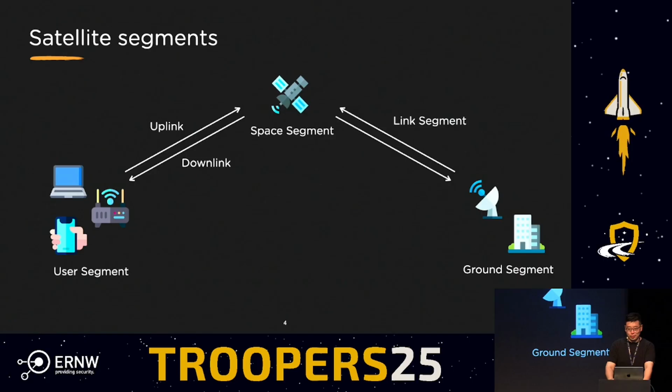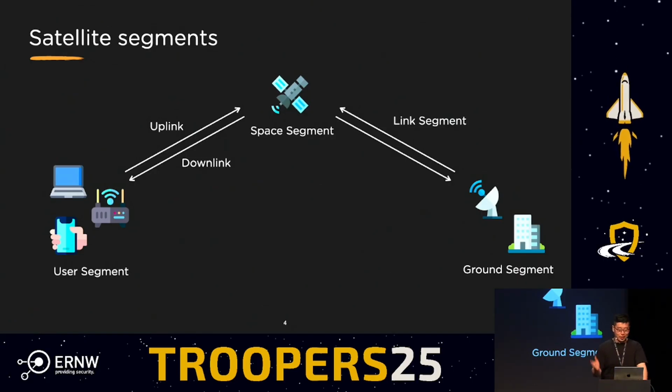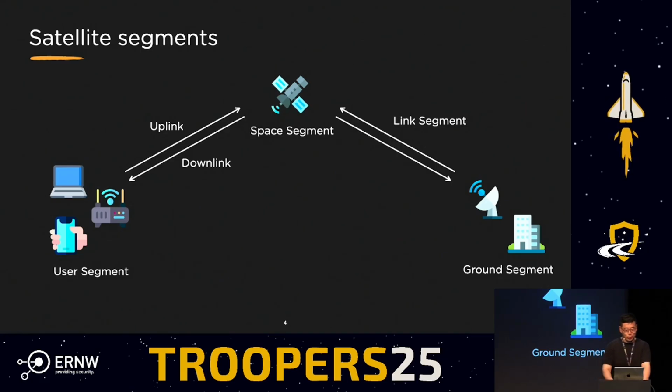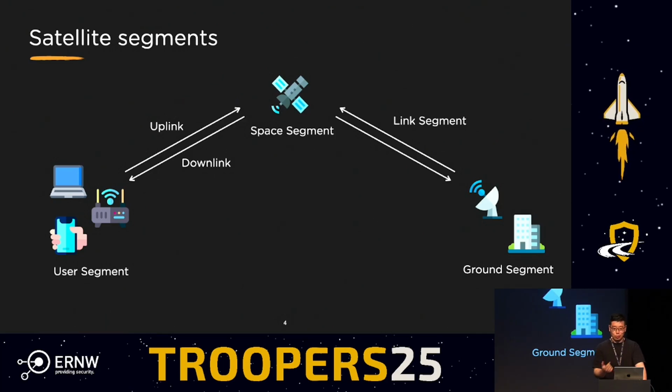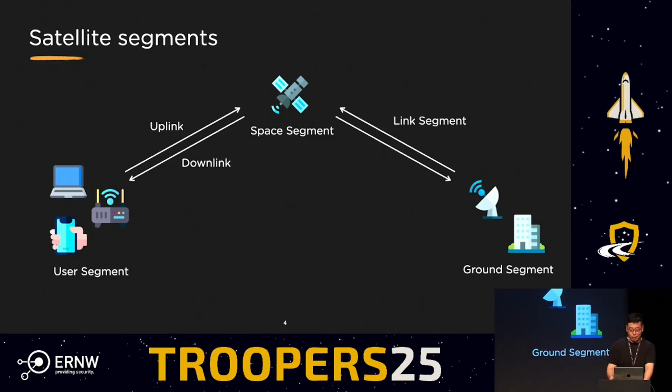So I believe some of you have heard the keynote about Space Security 101, so I will quickly go through this. Basically, the satellite service has 4 main segments. The user segment includes all kinds of devices you can use to access the satellite service. The satellite is in the space segment, which includes all kinds of space objects.